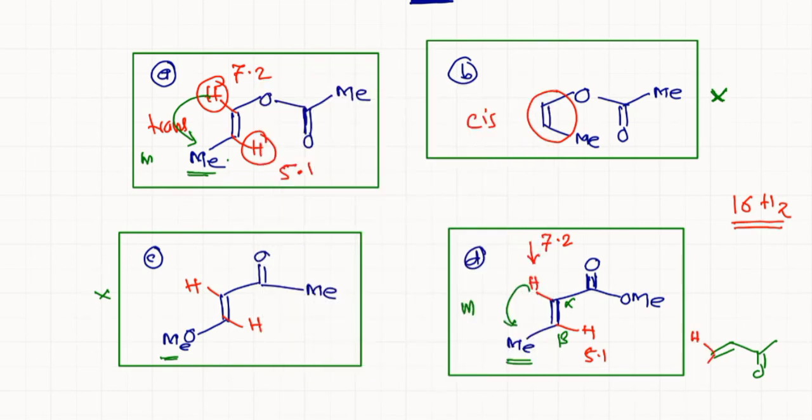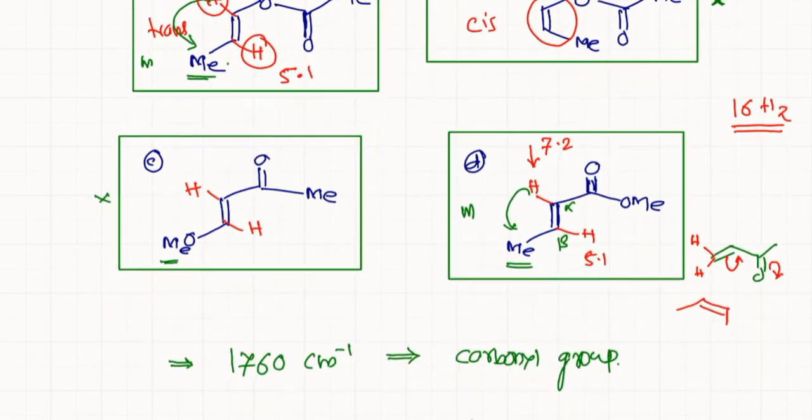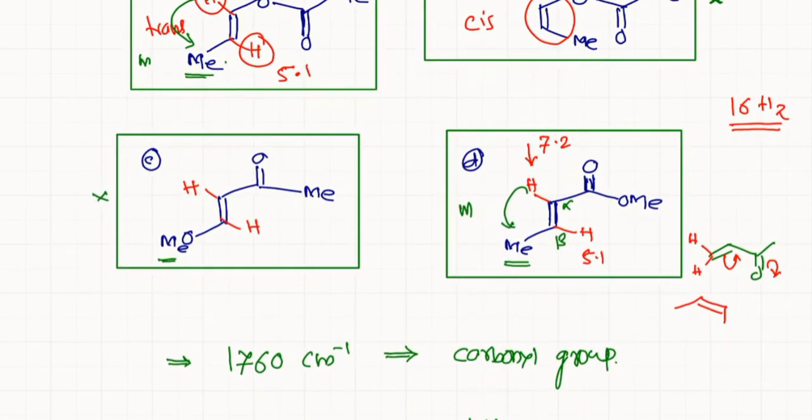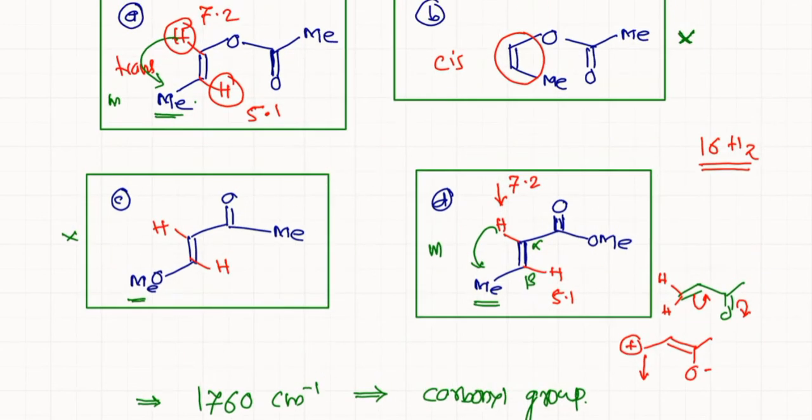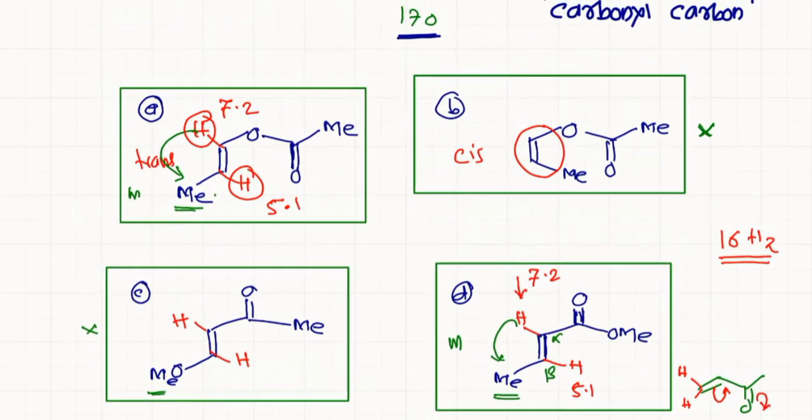Because of the concept of resonance. The electron pair will be shifted, and there will be generation of negative charge, so you get this type of structure, with O negative and a positive here. So a deshielding effect occurs, and the proton will appear at higher frequency. So one cannot explain this hydrogen at 7.2 in the other way. There must be a 7.2 and 5.1.